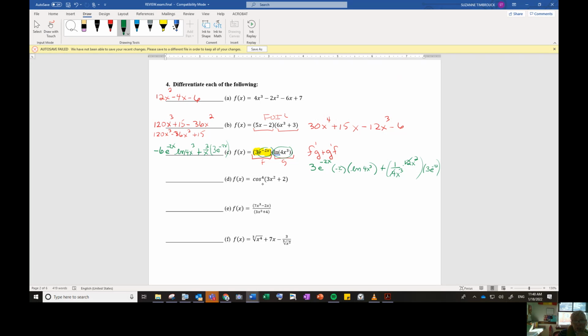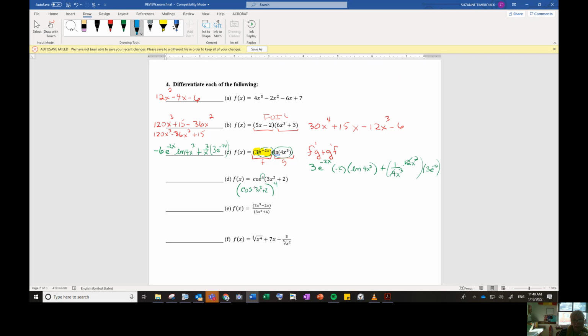All right, you've got a triple chain in D. You've got stuff to the fourth power. Then you have the cosine of stuff, and then you have the stuff. If you're having trouble seeing that, write it as the cosine of 3x squared plus 2, all raised to the fourth.